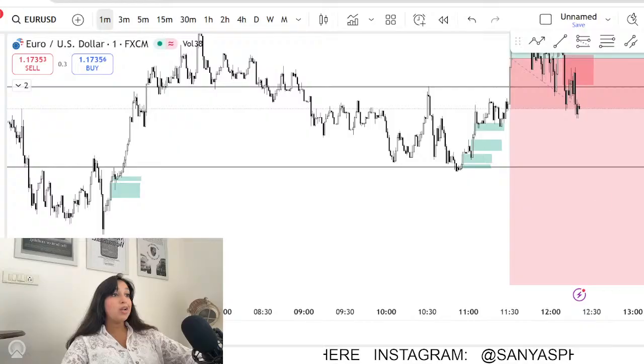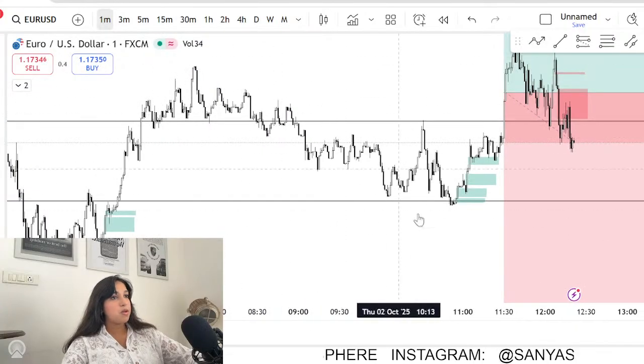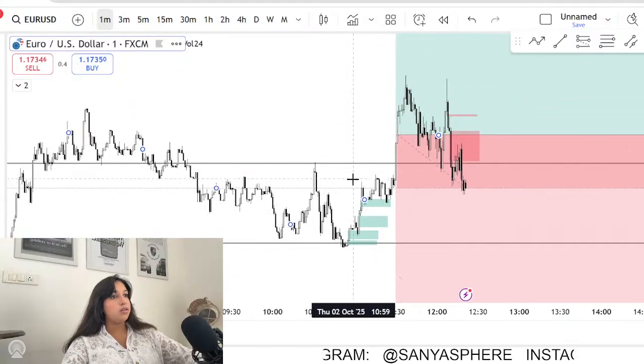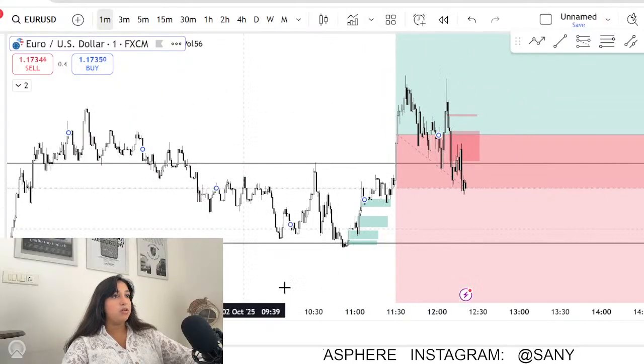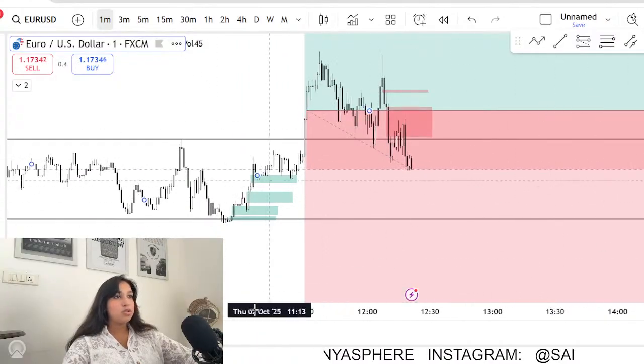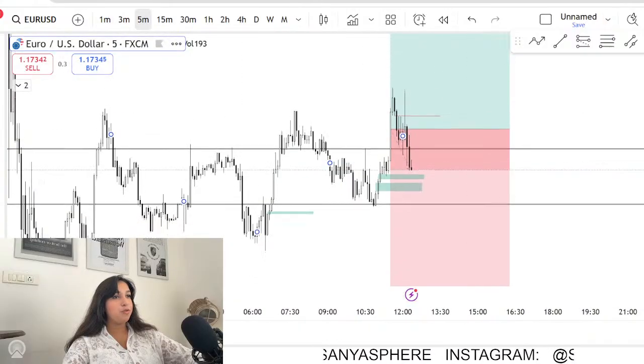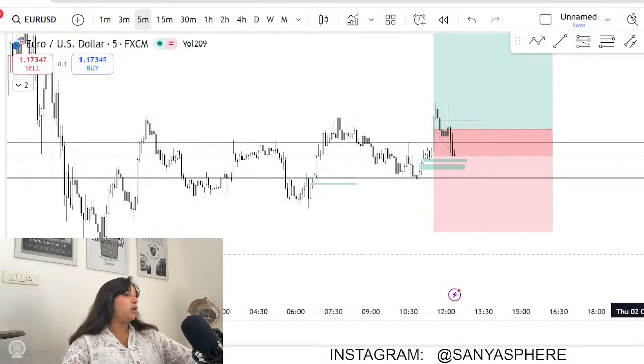If you see on the 1 minute time frame as well, there's a liquidity trend line over here that formed, and then it grabbed the liquidity from here, and now it's driving down. So let's see if we can get any structure right over here. If not, then probably it's going to be a dump today.